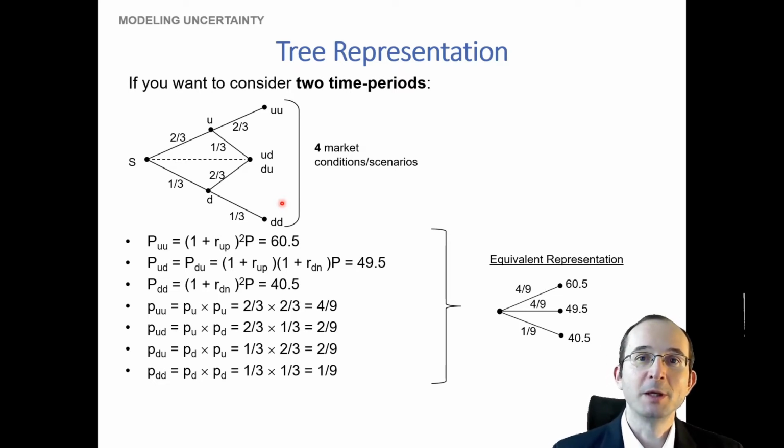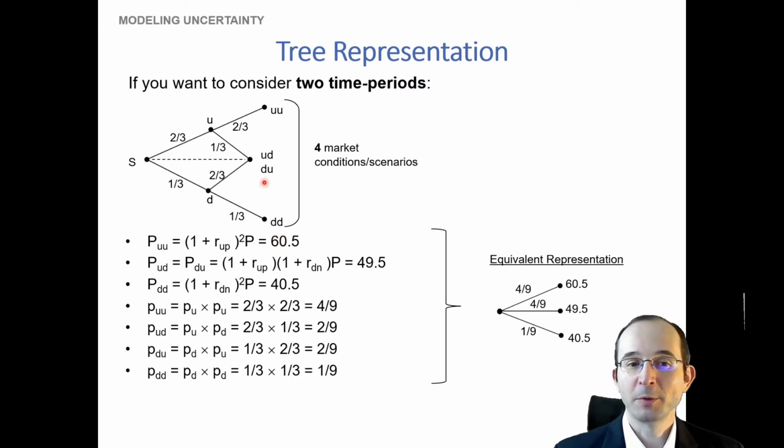Well, if we gain 10% when we go up, that means that the payoff we get in state UU would just be our initial price, which was 50, compounded at 1 plus 10%, or 1.1, for 2 periods, getting us 60.5.